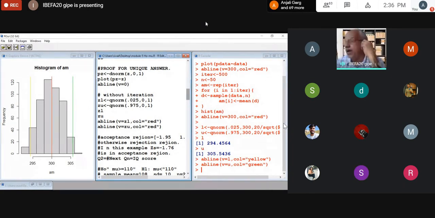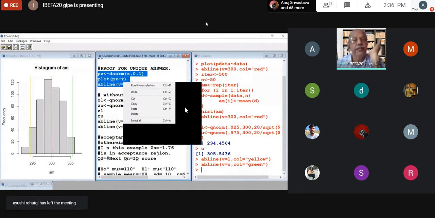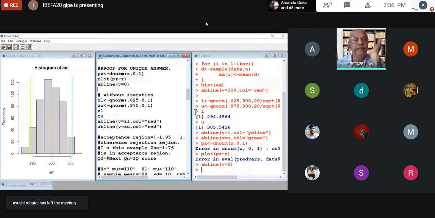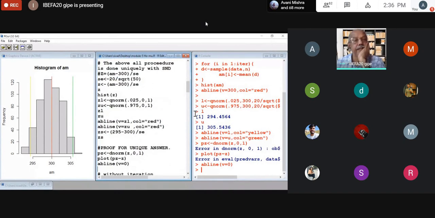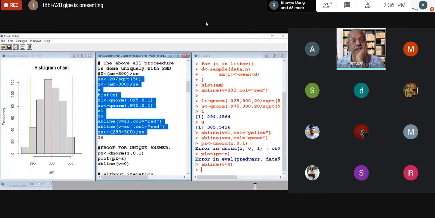The standard normal distribution is always symmetric at 0, whichever data you take.